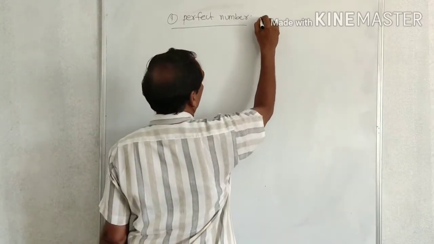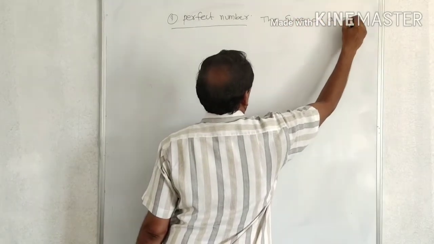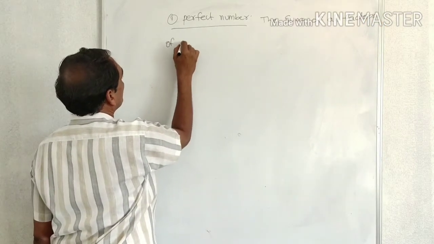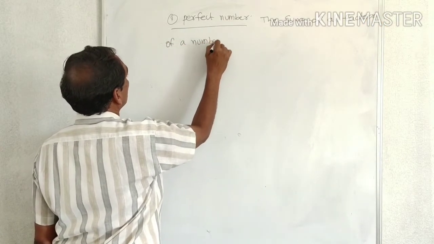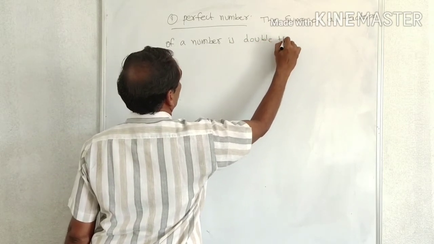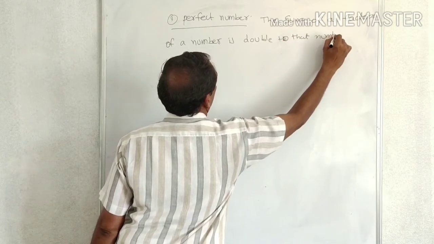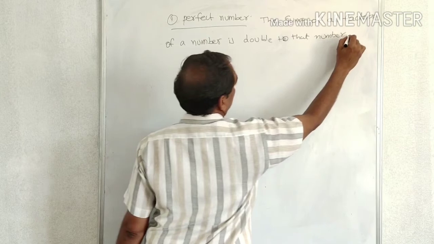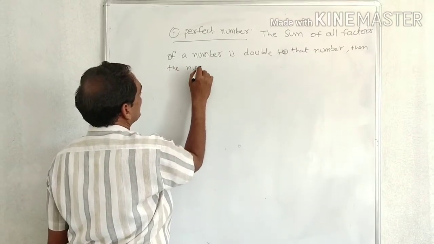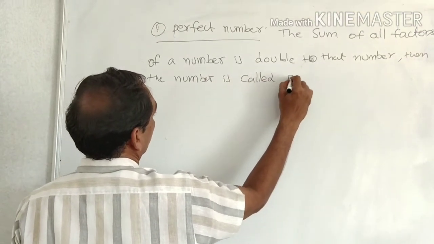The sum of all factors of a number is double that number, then the number is called perfect number.